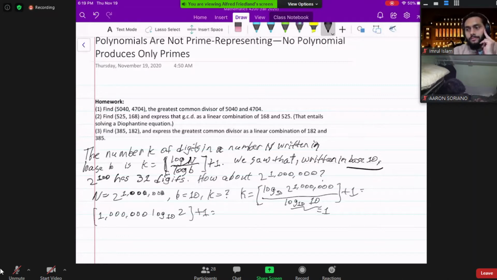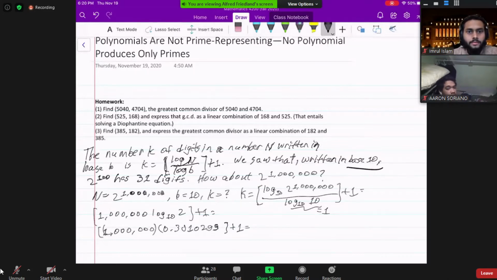And so this is the greatest integer in 1,000,000 times 0.301029.9.